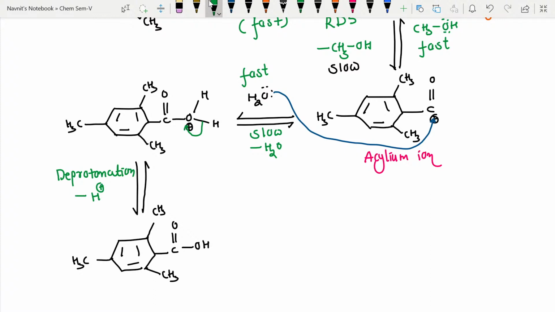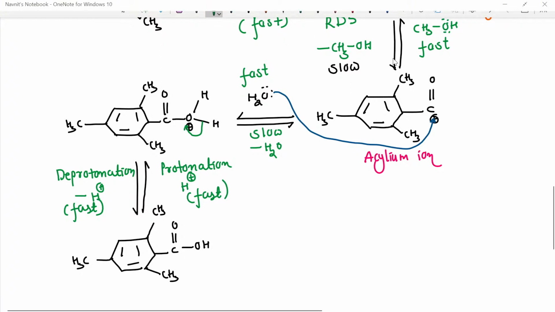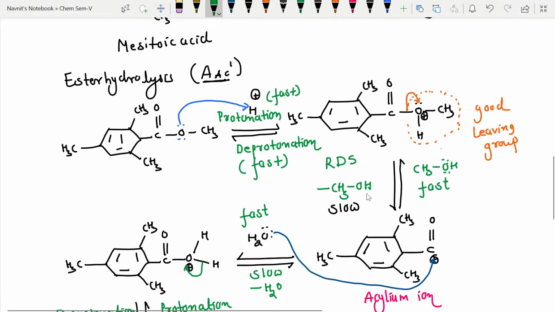And if you observe, the backward step is a protonation, meaning addition of H plus. Whether it is deprotonation or protonation, both are always fast steps, because this is an acid-base reaction. Okay. So this is the mechanism of ester hydrolysis of methyl mesitoate through the AAC1.